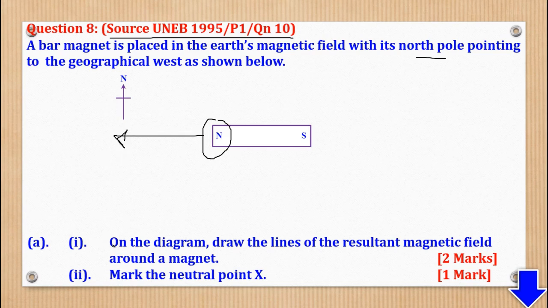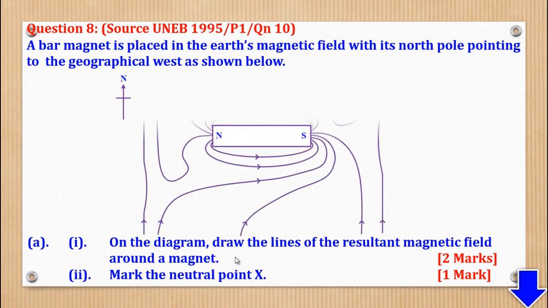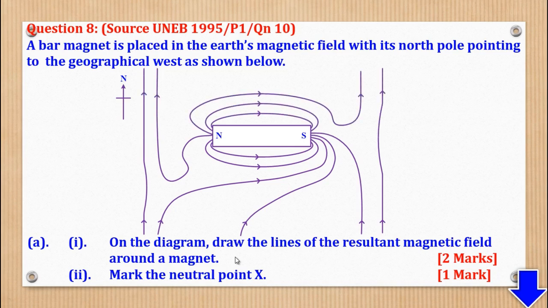Now Roman 1, they said, on the diagram, draw the lines of the resultant magnetic field around the magnet. So those will be the field lines which they wanted in Roman 1. So we have a mark for the field above the bar magnet, a mark for the field below, a mark for the field on the left hand side, and a mark for the field on the right hand side. So basically that's how you could get the 2 marks in Roman 1.